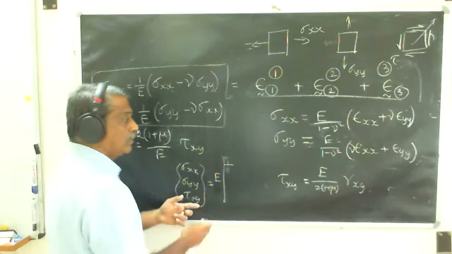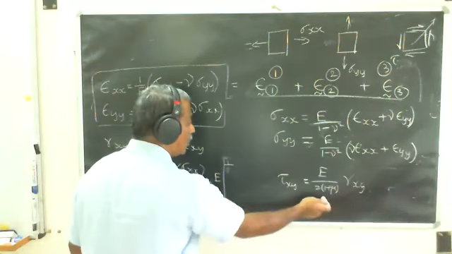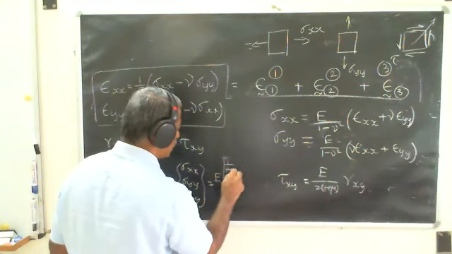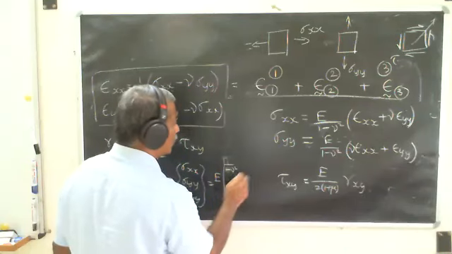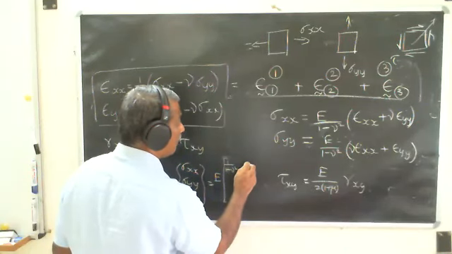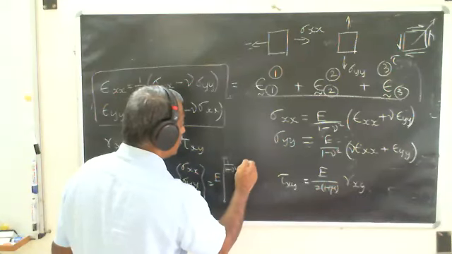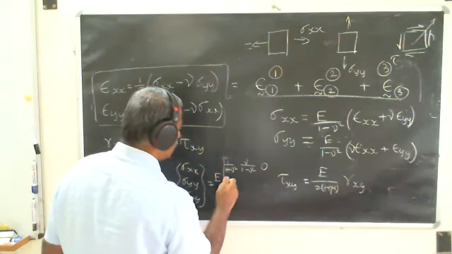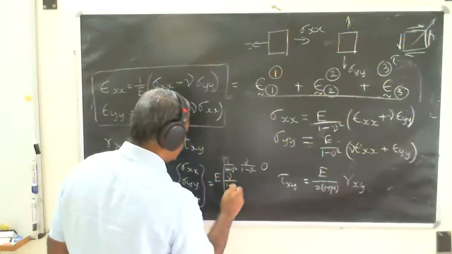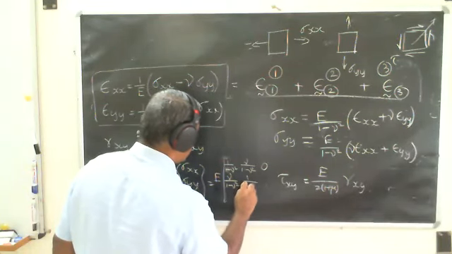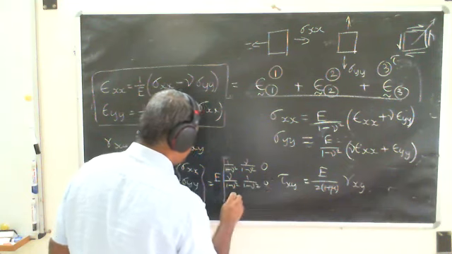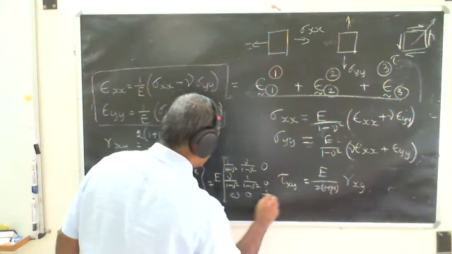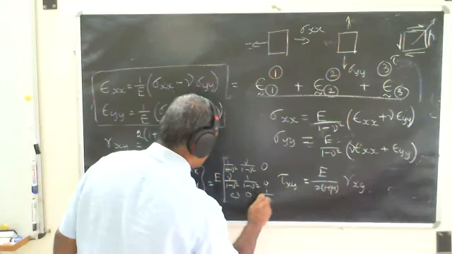What people do is they take the common denominator and put it outside, but it doesn't matter here. You can just write it as this: 1, nu by 1 minus nu square, 0, nu by 1 minus nu square, 1 by 1 minus nu square, 0, 0, 0, 1 by 2 into 1 plus nu.